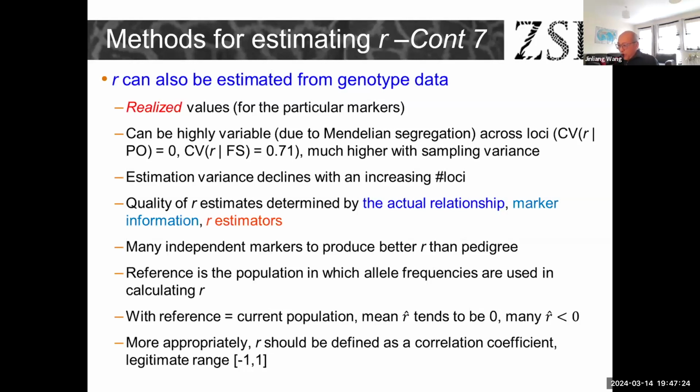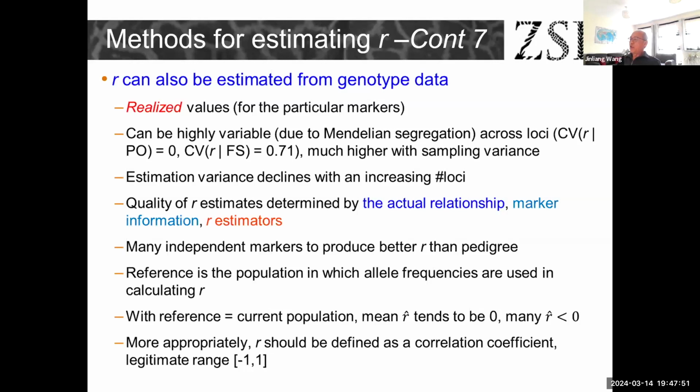And whatever the reference, the mean really, if we use the current population as the reference, the mean relatedness would turn out to be 0, and we would have a lot of pairs of individuals whose relatedness estimates would be negative.